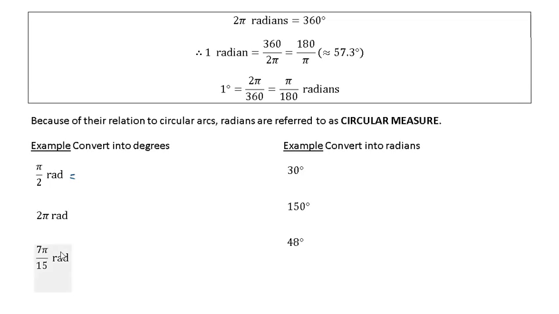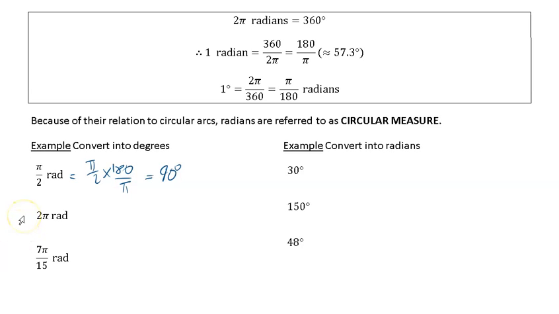Okay, so for this one, we've got pi over 2. So pi over 2 radians is pi over 2 times 180 over pi. And if you do that, the pi's will just cancel out, leaving you 90 degrees. Or a nicer way of doing it would be just to say we know pi is equivalent to 180 degrees, and 180 divided by 2 is just 90 degrees.